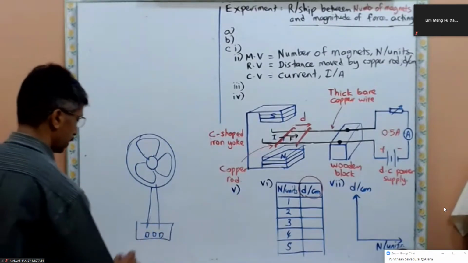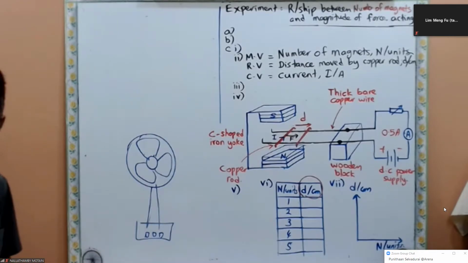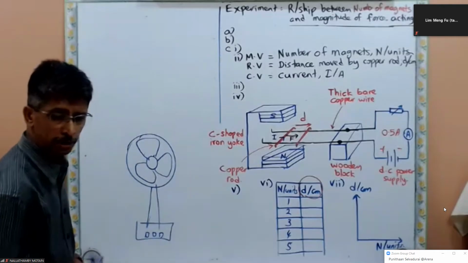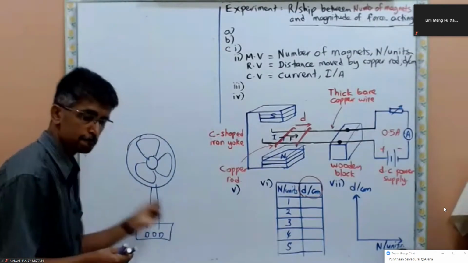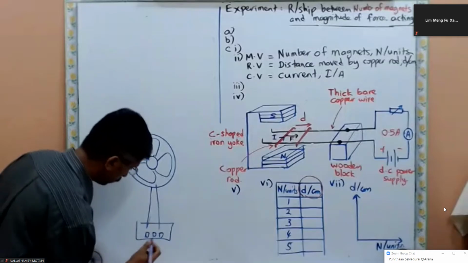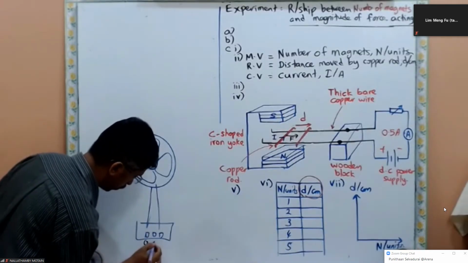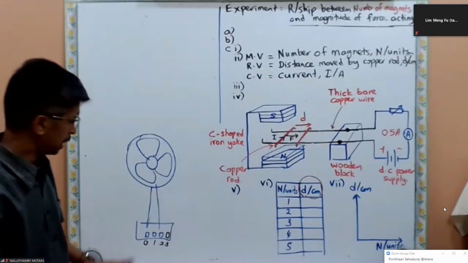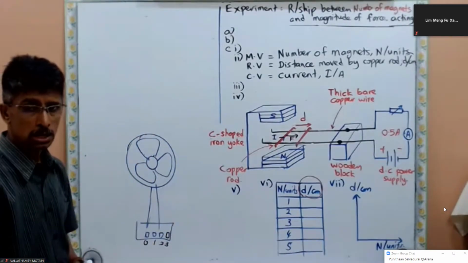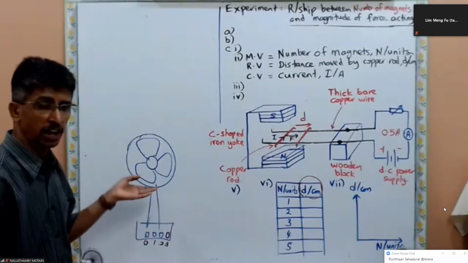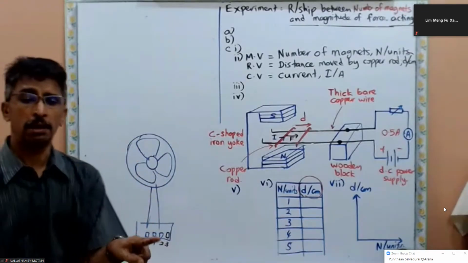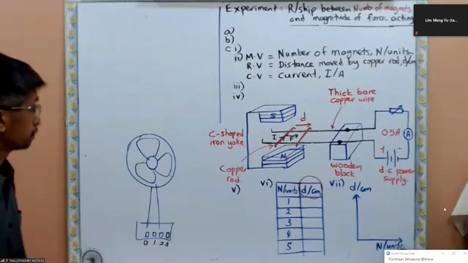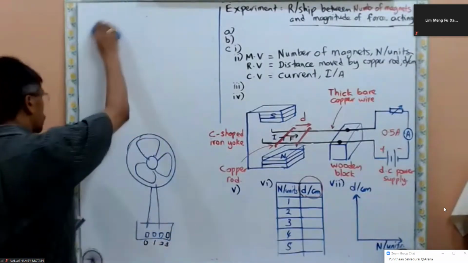Now if you turn on the fan, it spins, right? Let's say here 0 is off, 1, 2, and one more, 3. We can increase the speed by pressing the number that you want. So with 3, the fan will rotate faster. So how can the fan rotate?